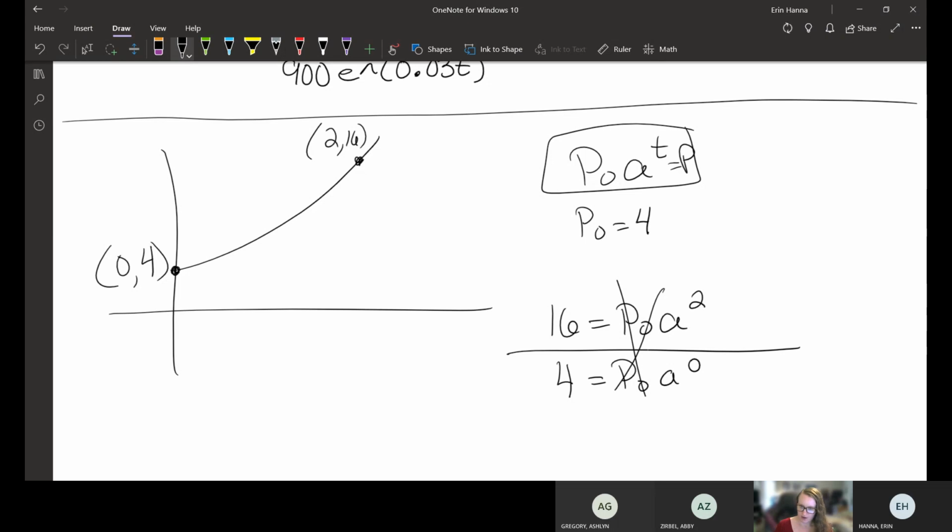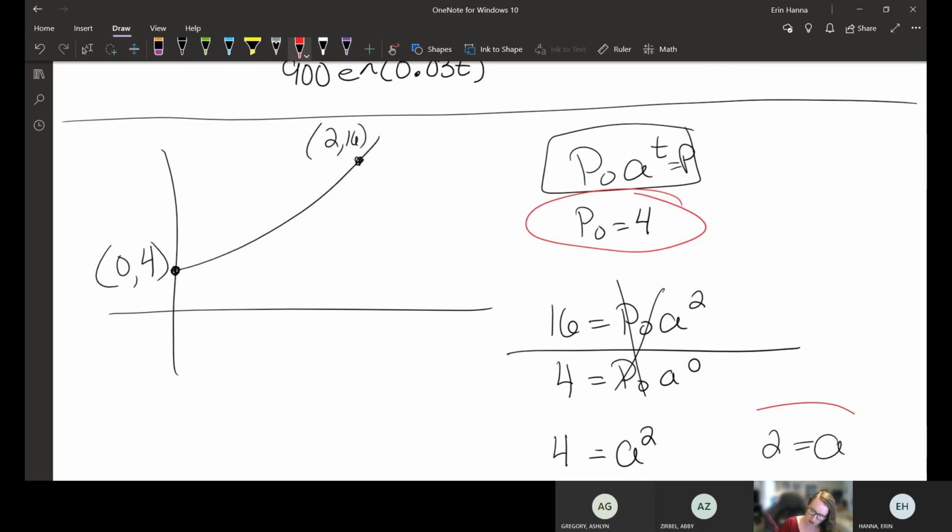The P naughts cancel each other out. 16 divided by 4 is 4. And a squared divided by a to the 0 is going to be a to the 2 minus 0, so we still get a squared. Square root both sides. Algebraically, you'd get plus or minus 2, but a can't be negative, so it would just be positive 2.